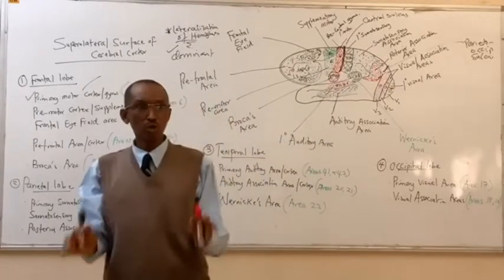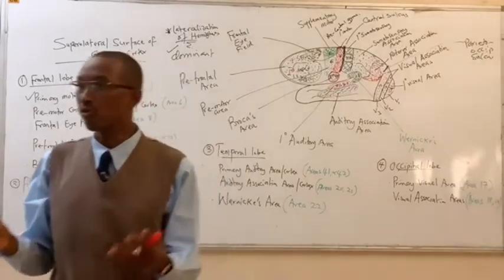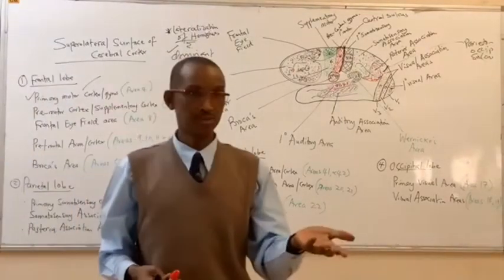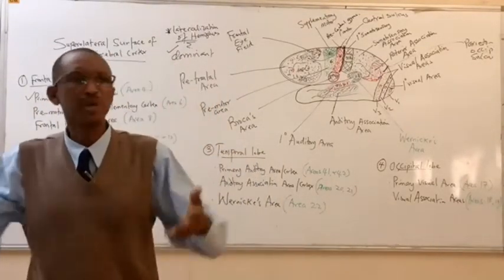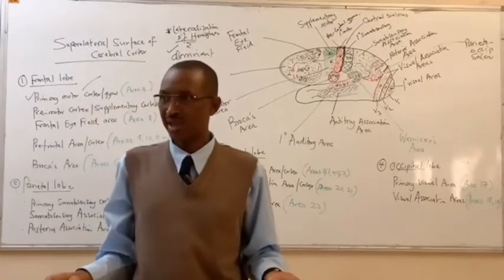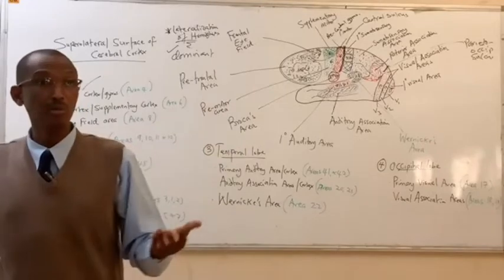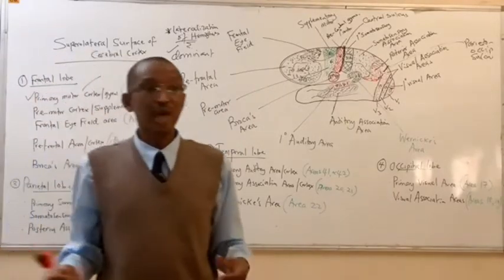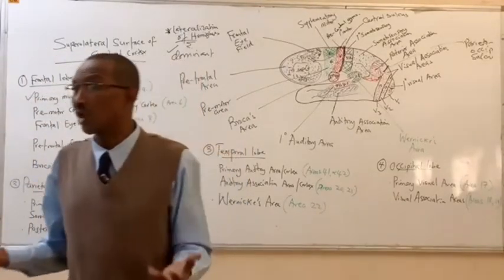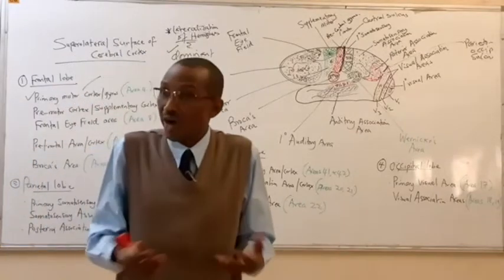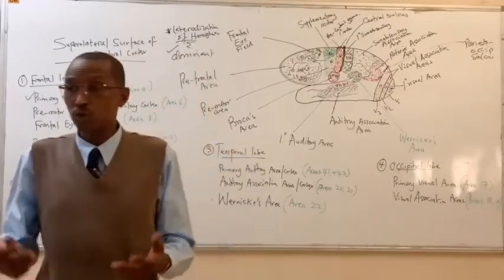But before you move, there is a way for you to move. You can't just be making movement without any purpose. I don't know that you understand my point. Without any purpose, if you start making movements, it means you're abnormal. There must be purpose. Say you are just sitting down now, the lecture is over, and you want to go home, or you want to go to your hostel.